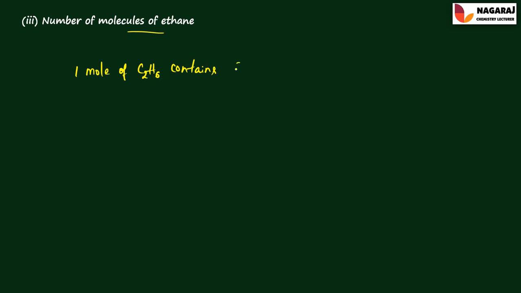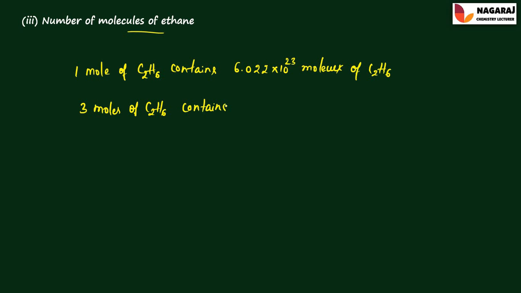Avogadro number is 6.022 into 10 to the power 23 molecules of C2H6, right? So 3 moles of C2H6 contains X molecules of C2H6.